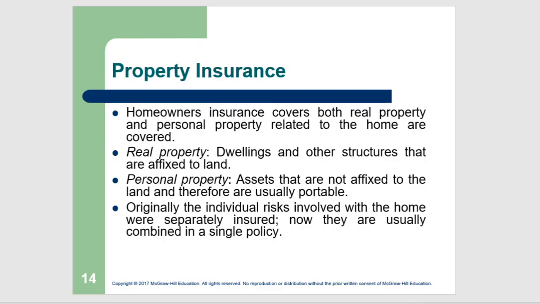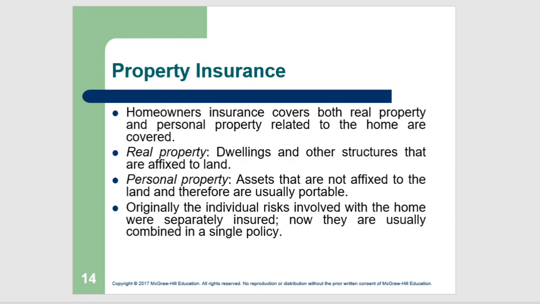So it depends. Each different policy has different coverages. You have real property, which could be the dwelling itself, or other structures on the land that aren't attached to the dwelling, like a pole shed or a garage.